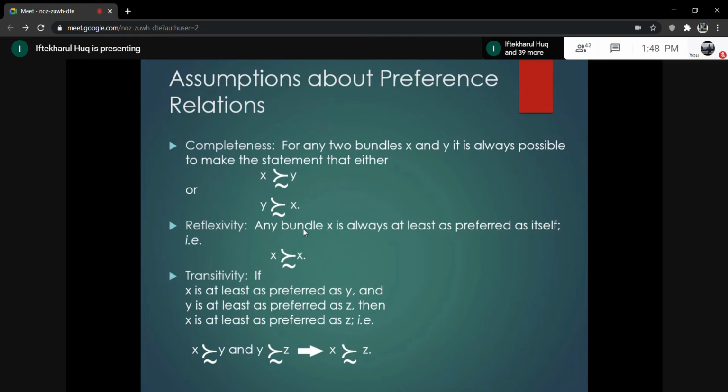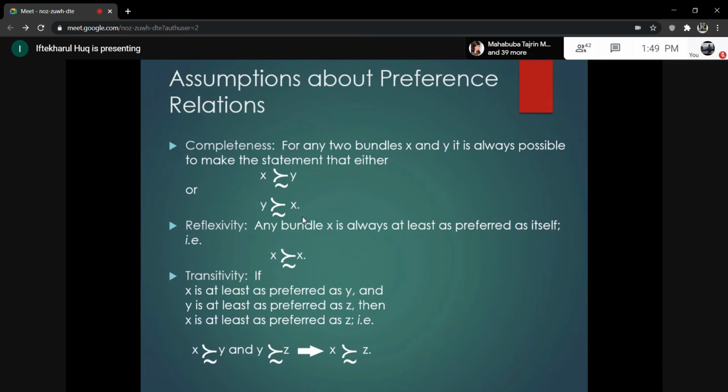The moment you're saying both things at the same time, only then you're saying X is indifferent to Y. Here you're not saying both statements at the same time. You're either saying X is at least as good as Y, that's a statement, that is fine, you're comparing, you're ranking them. Or someone else says that Y is at least as good as X, that's a separate statement.